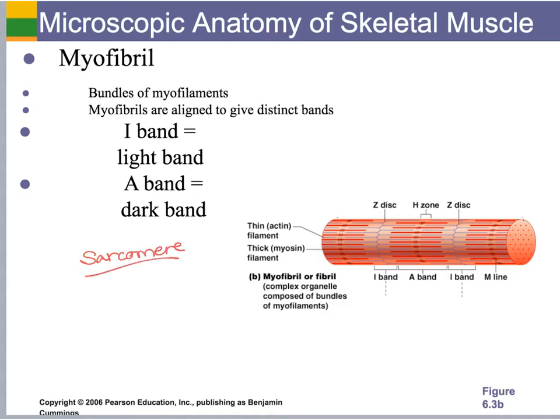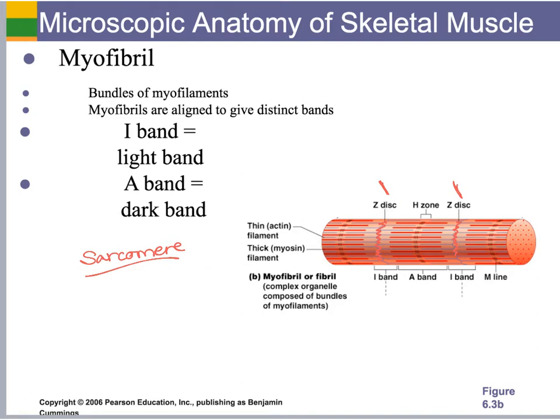We'll get to the sarcomere in a minute, but a sarcomere goes from one Z disc to the next Z disc, and you can tell why they call these Z discs. When they first saw these myofibrils under a light microscope, they see the zigzag lines here, and it looks like a Z, right? So that's our Z disc.